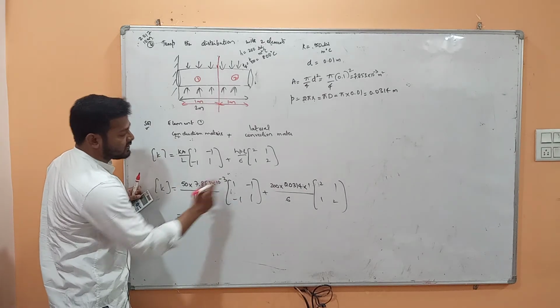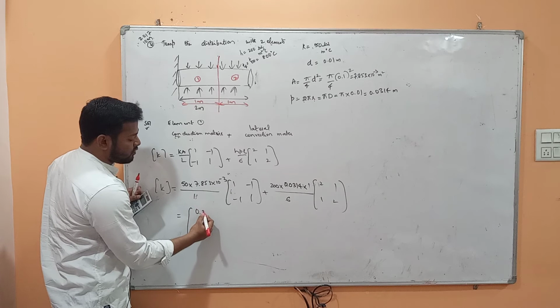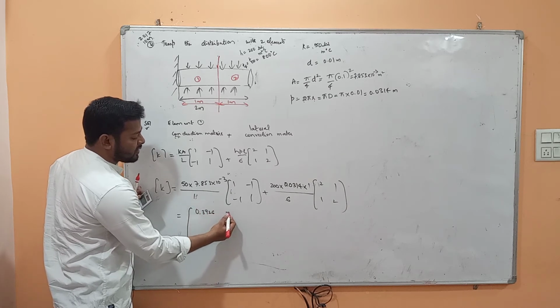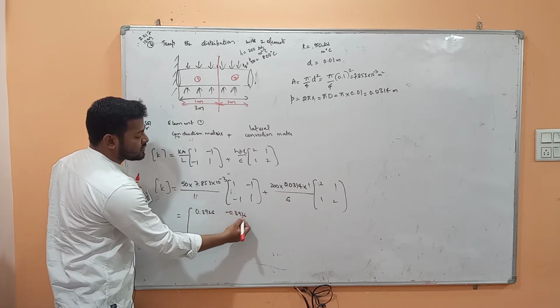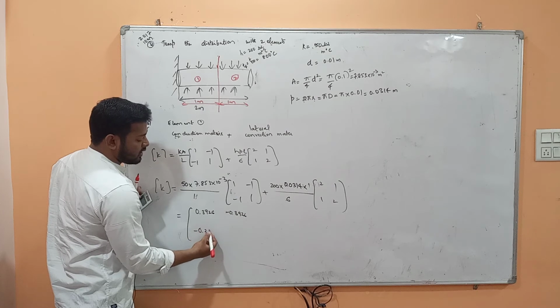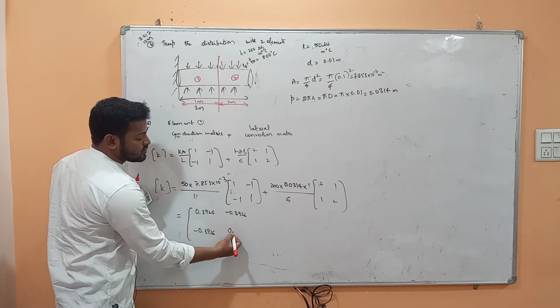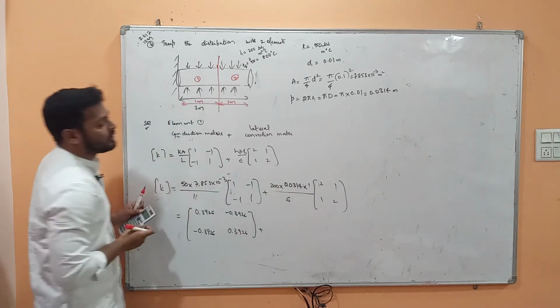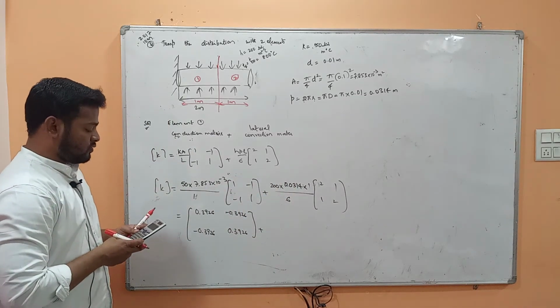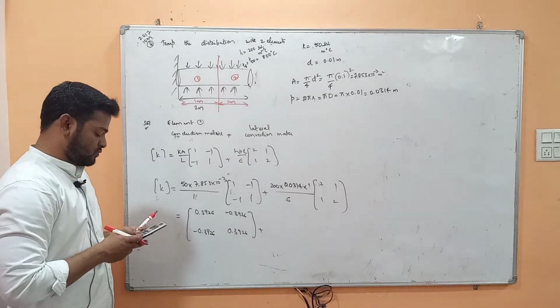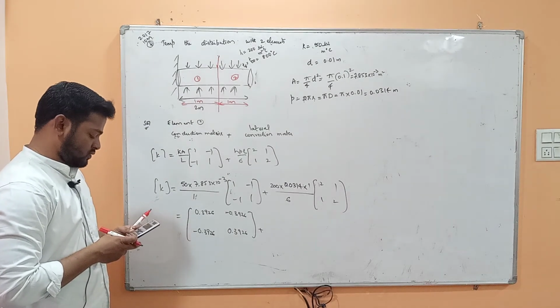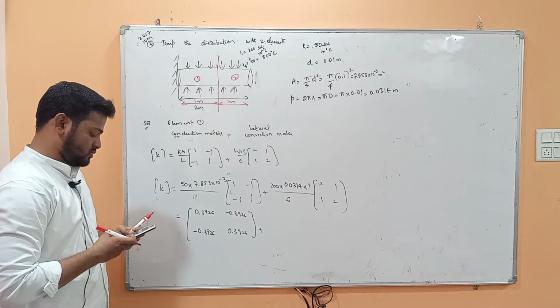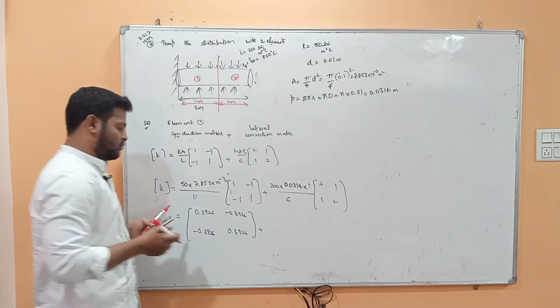So if I am sending it inside, that becomes 0.3926, minus 0.3926, minus 0.3926, 0.3926. Plus I am going to find out this value in the calculator: 200 into 0.0314 into 1 by 6, that is 1.04.